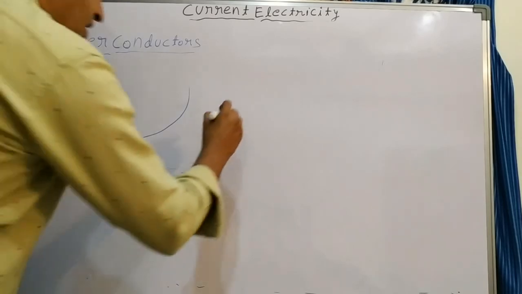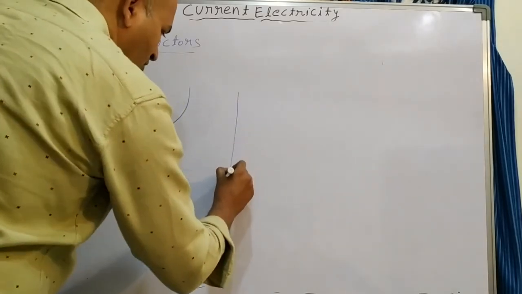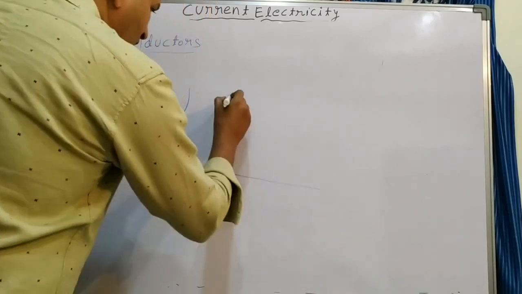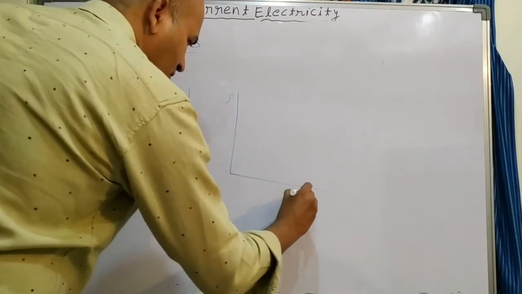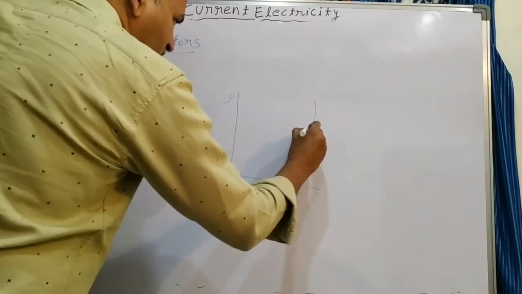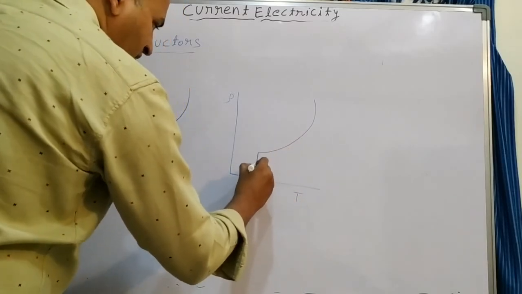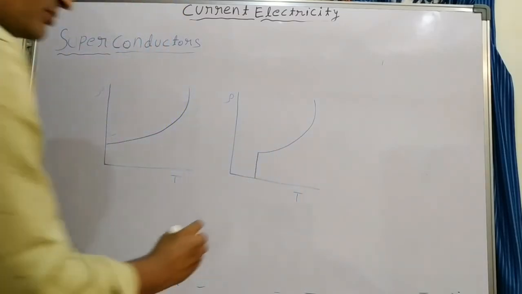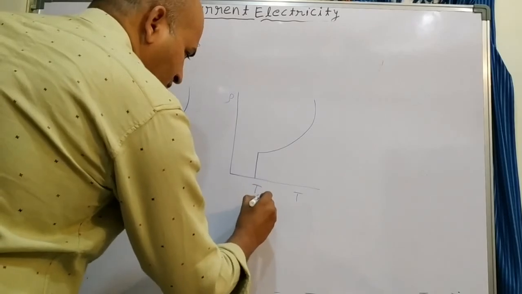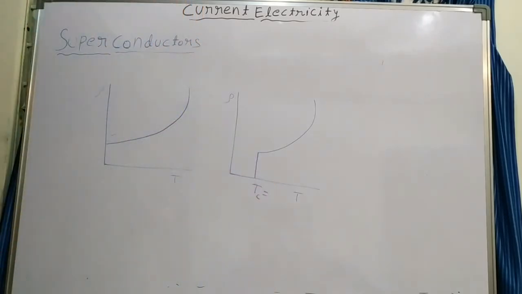But actually, what we get experimentally for resistivity and temperature is this. Of course, up to a certain temperature it decreases like that only, but at a particular temperature called the critical temperature, all of a sudden the resistivity becomes 0 and conductivity becomes infinite.